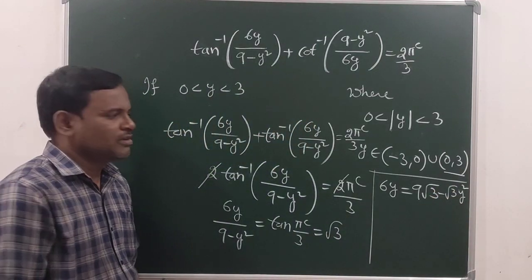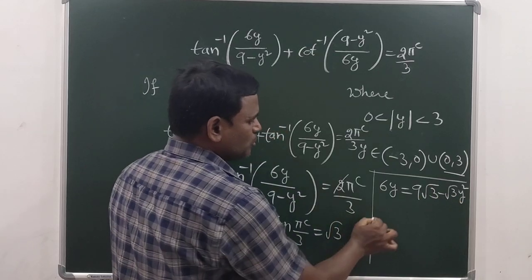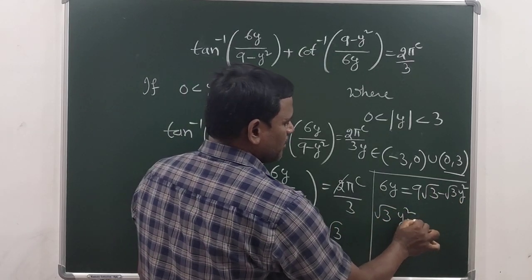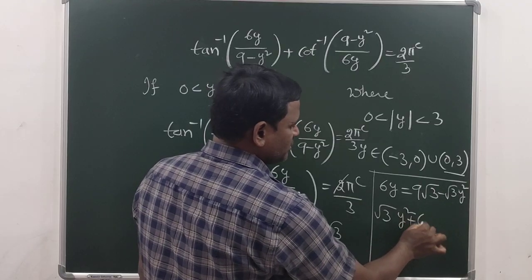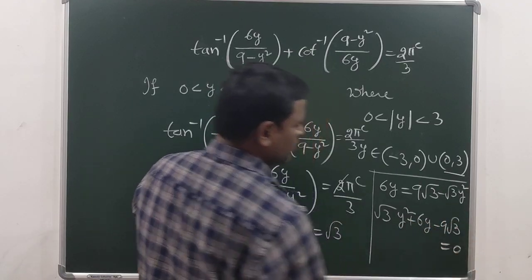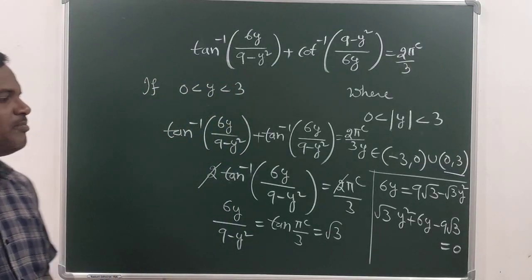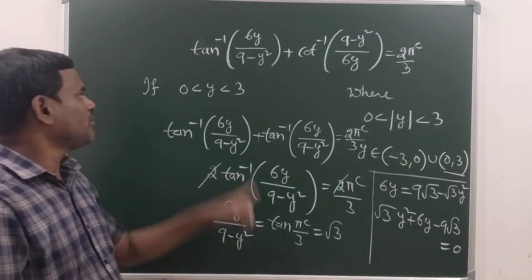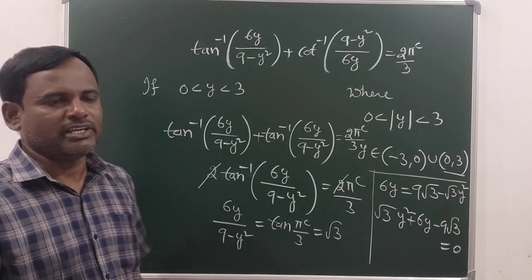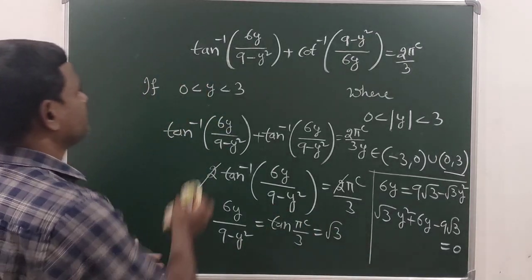Okay students, now bring both of them to the left side, so that here you will get root 3 y square plus 6y minus 9 root 3, which is equal to 0. You got a quadratic equation. Observe that your y is lying between 0 and 3.